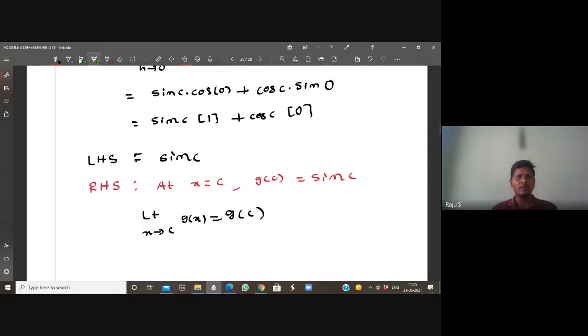Therefore, what can we conclude? g of x, which is nothing but sin x, is continuous at x equal to c. What is c? c is any real number on the real line. Any number on the real line.